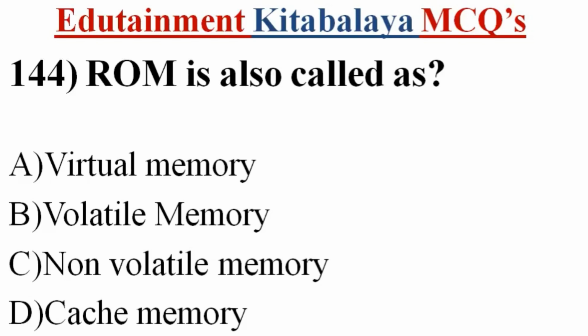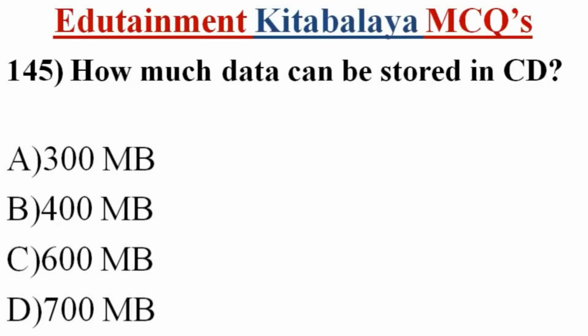D. Cache memory. Correct answer is C. Non-volatile memory. Question number 145. How much data can be stored in CD? A. 300 megabytes. B. 400 megabytes. C. 600 megabytes. D. 700 megabytes. Correct answer is D. 700 megabytes.